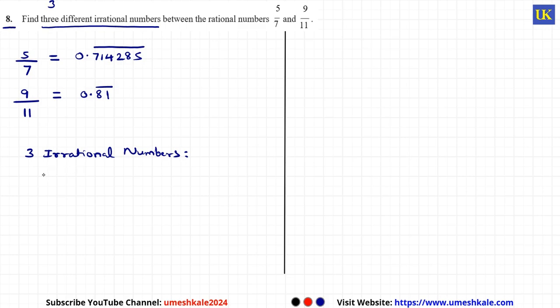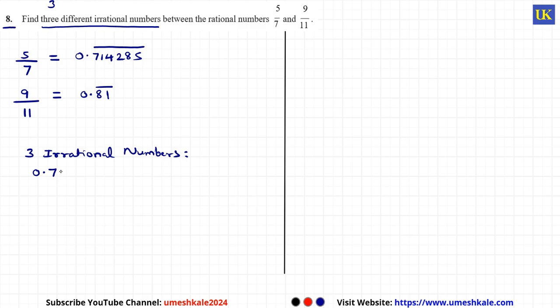So we should write decimal expansions that do not look the same. They should be different because they don't repeat. Between these two numbers, 0.7 and 0.8, any middle numbers you can choose, but don't just repeat the same numbers.